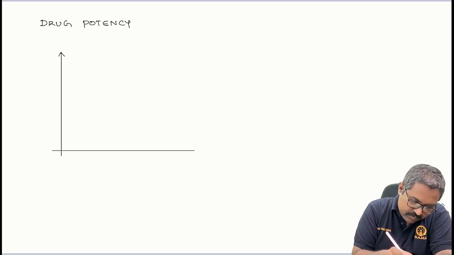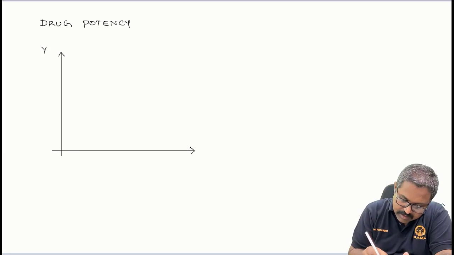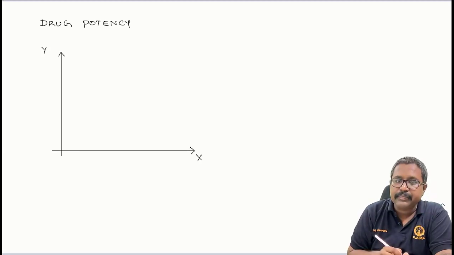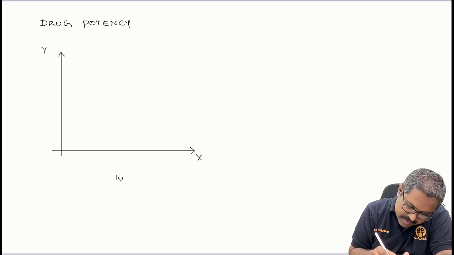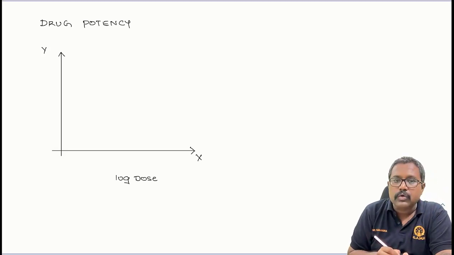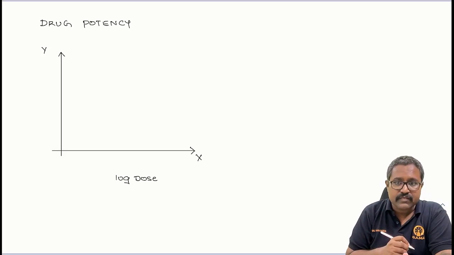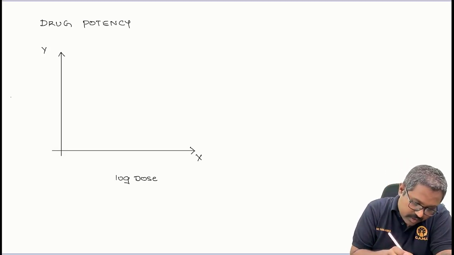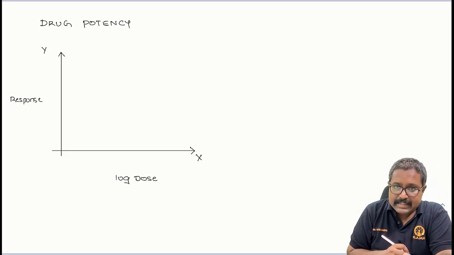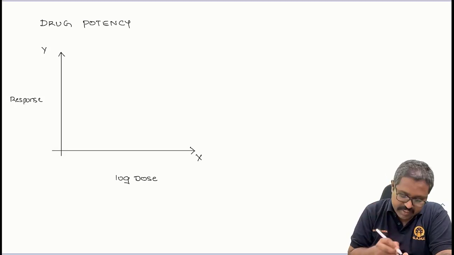so this is the y-axis and this is the x-axis. The x-axis represents the log dose, whereas the y-axis represents your response. On the x-axis, let us write the dose which has to be administered.